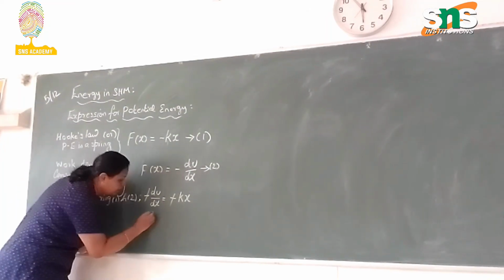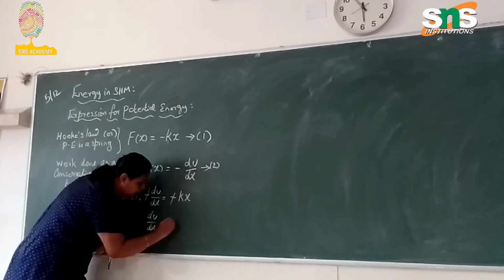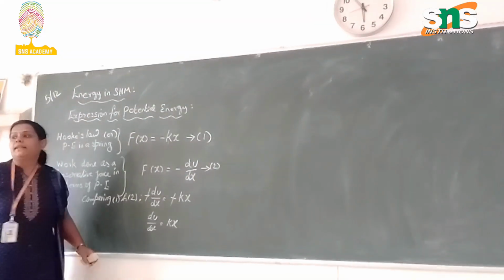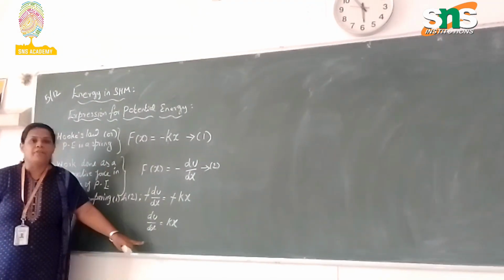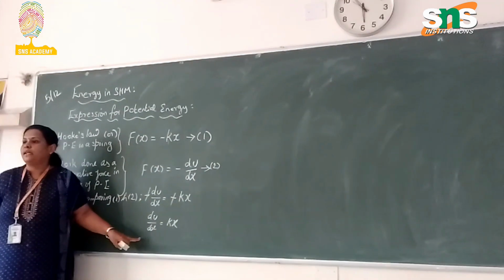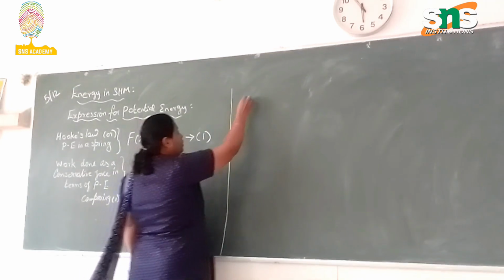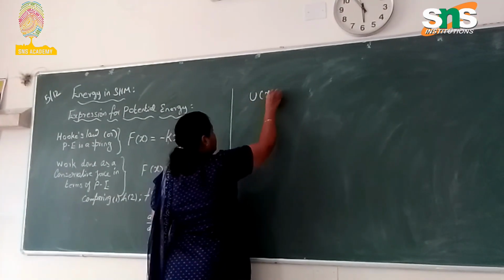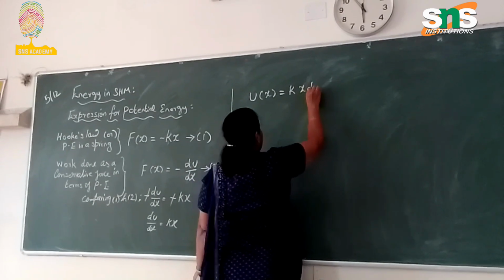So du by dx equal to kx. This I calculate. If I differentiate this u in terms of x, u of x equal to integral kx into dx.